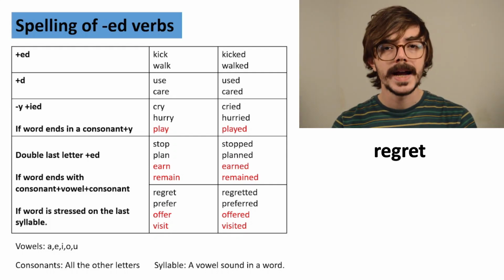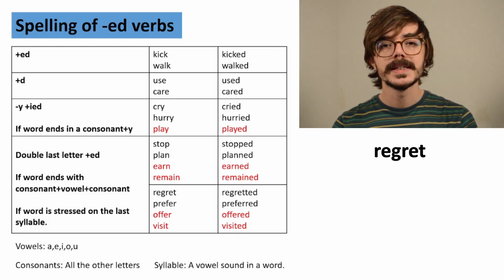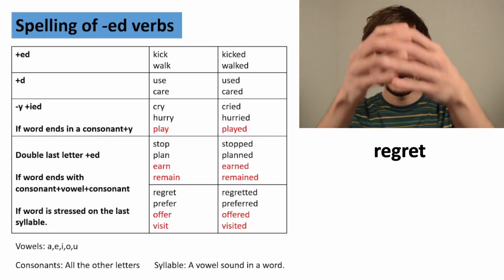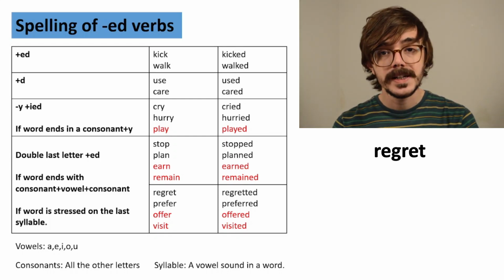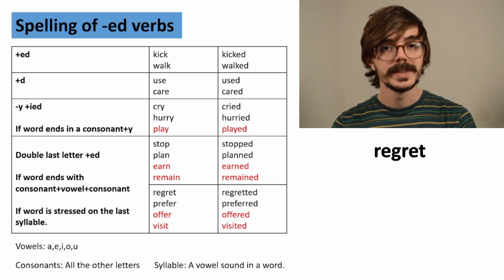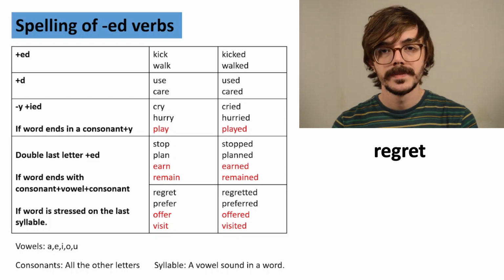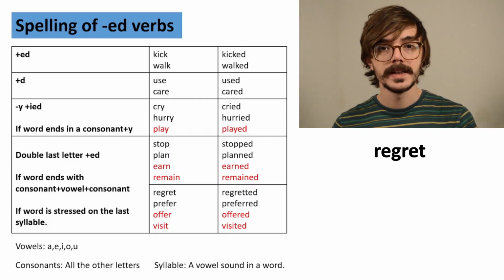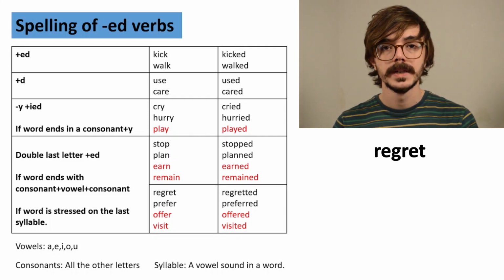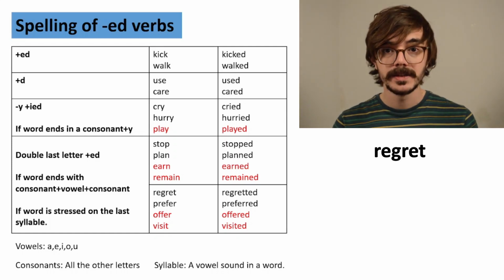Now in the word regret, where is the stress? The stress is where we focus the sound in the word. Is it the first syllable, re, or is it the second syllable, gret? Let's listen to the stress in the first syllable, regret. Let's listen to the stress in the second syllable, regret.